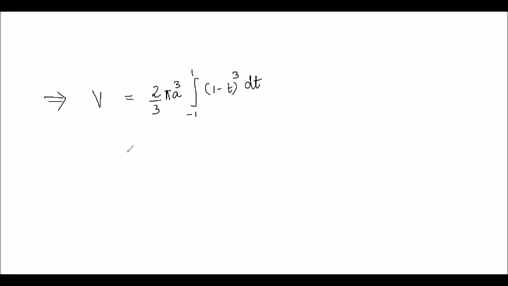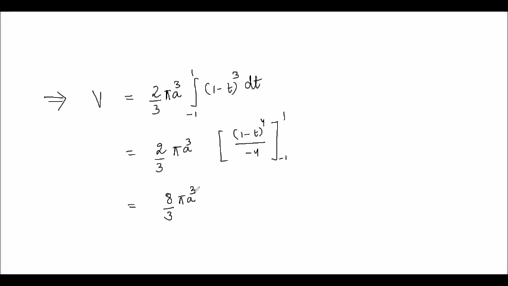Let us solve it further. So simple integration: 2 upon 3 pi a cube, (1 minus t) raised to power 4 upon minus 4. The limits are from minus 1 to 1. The upper limit will give 0, considering the lower limit. When we simplify it further, we get 8 upon 3 pi a cube.